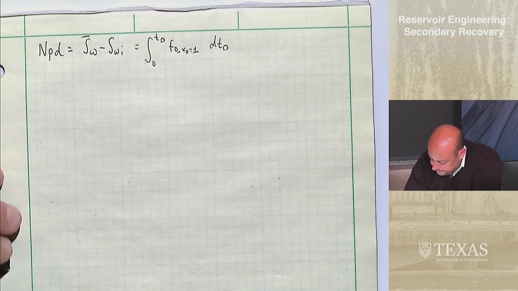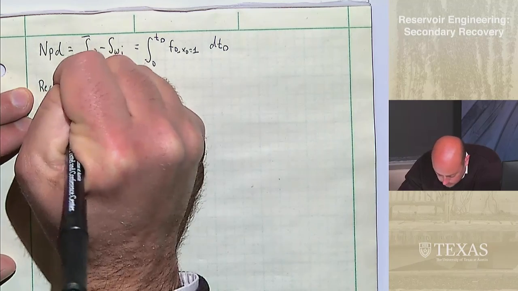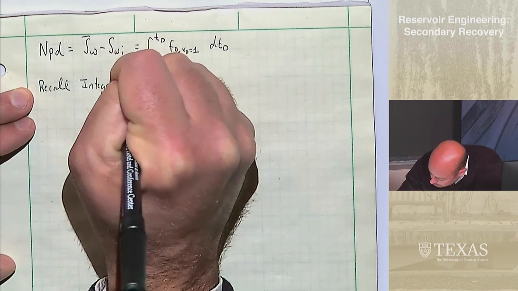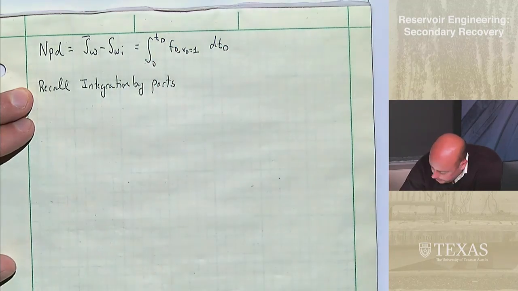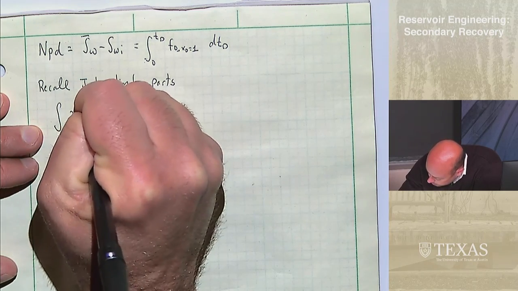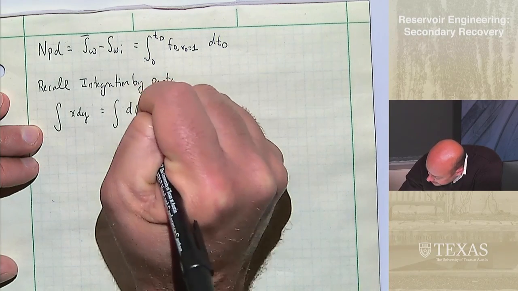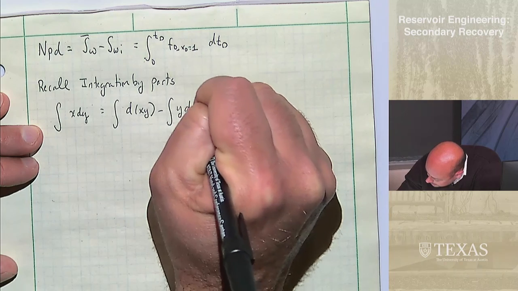So how do we integrate that? Well, we're going to recall from your calculus class, recall integration by parts. The formula for integration by parts is the integral of x dy is equal to the integral of d(xy) minus the integral of y dx.